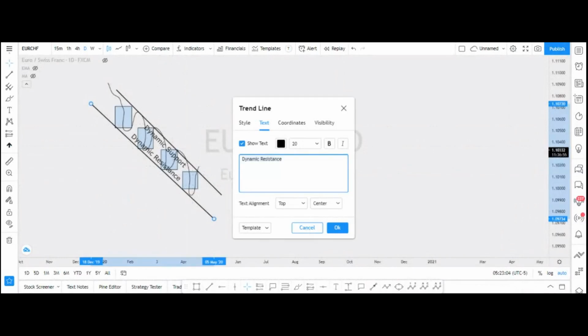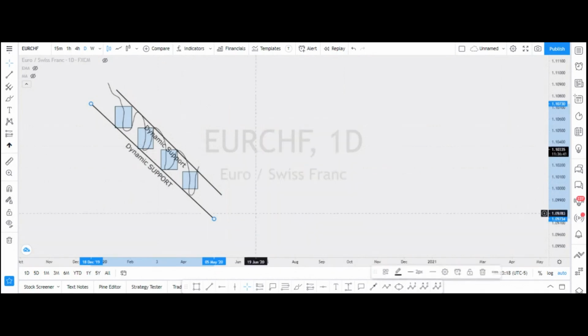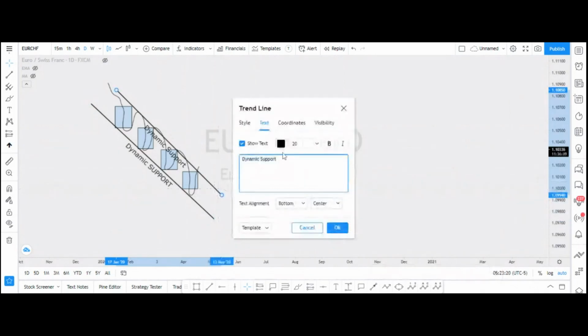When we are in a down channel, okay, good.